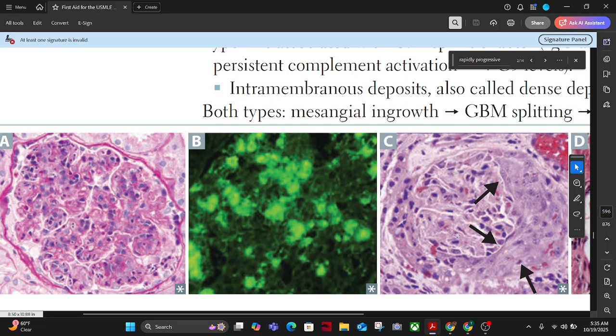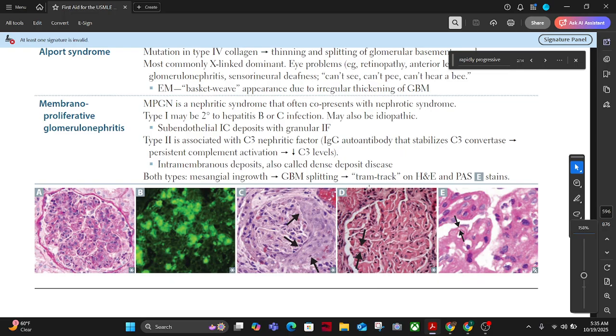But in figure C, this is rapidly progressive glomerulonephritis, and in the glomerulus you see tiny moon slits. See that? Moon slit, moon slit, moon slit. Okay, next. That's that. So know that. Next question.